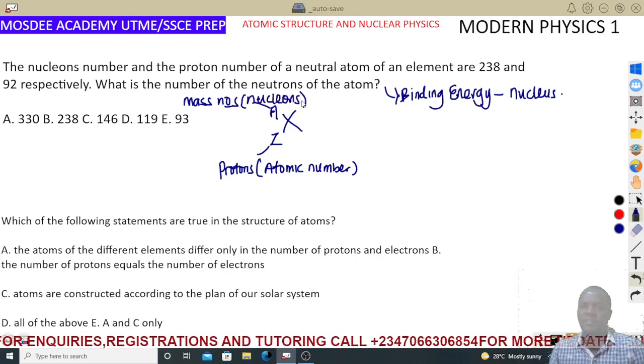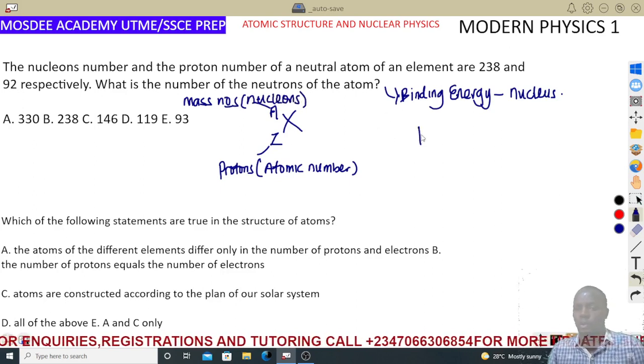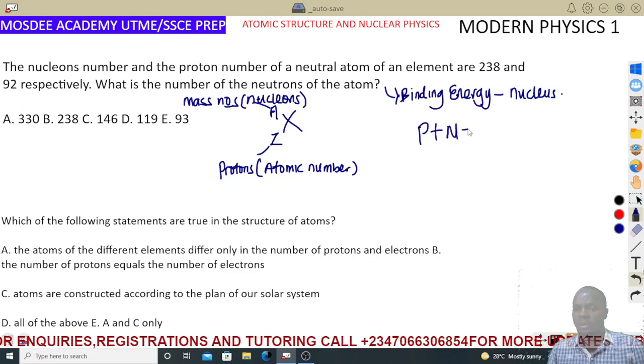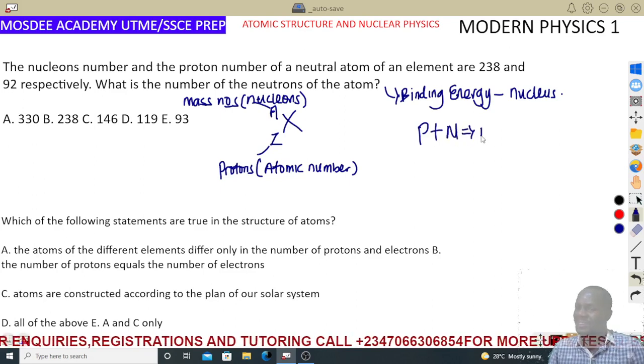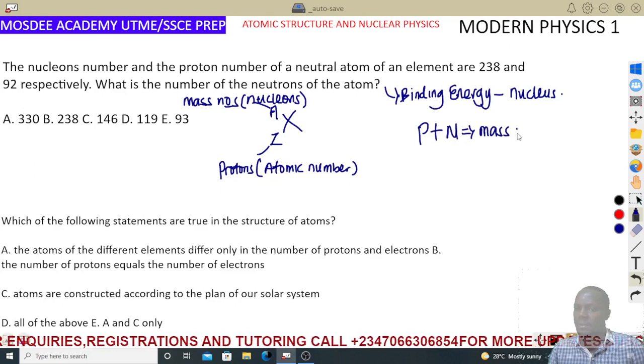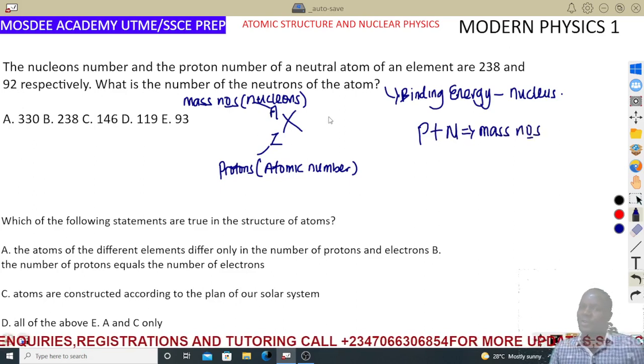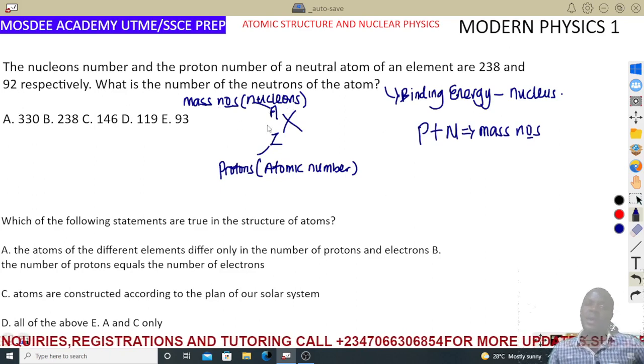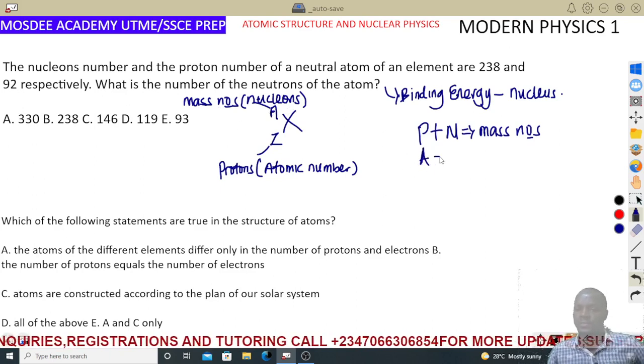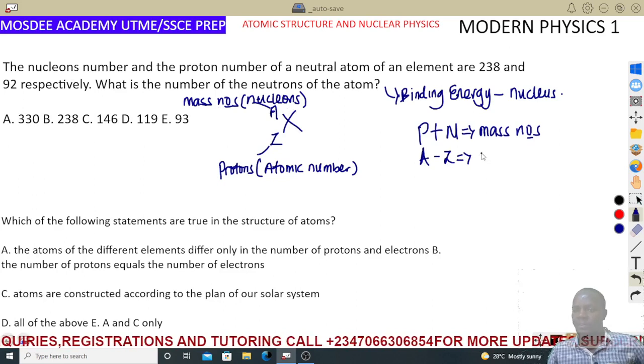The number of nucleons is defined as proton plus neutron, which equals the mass number. Now we say A minus Z is the number of neutrons.